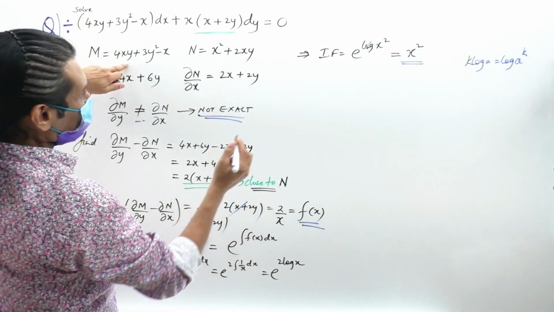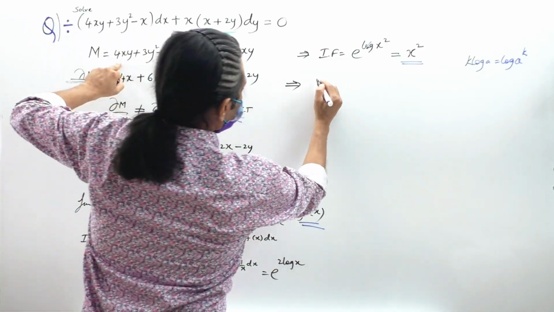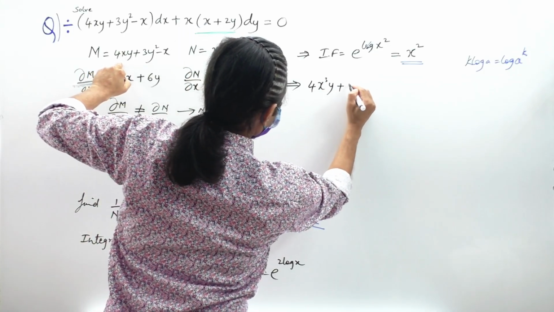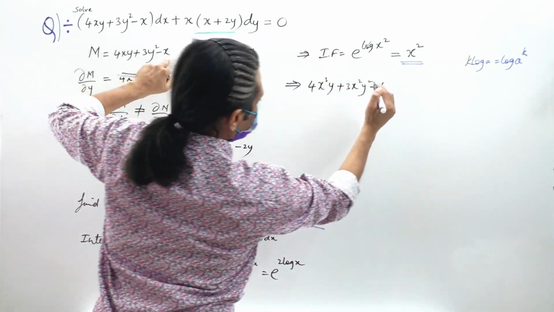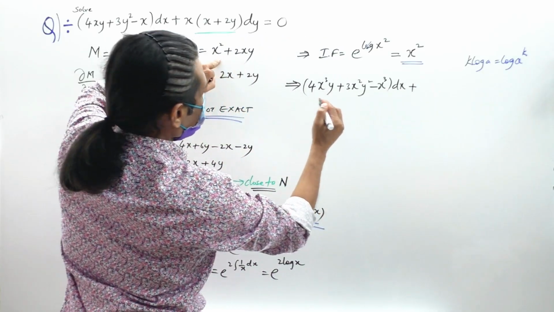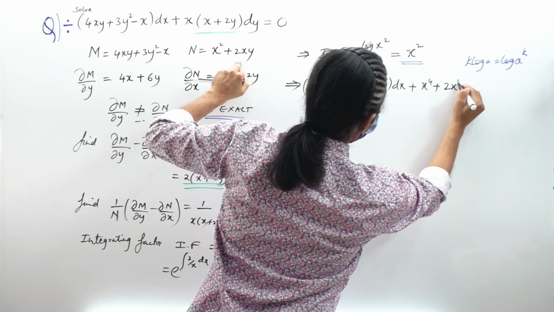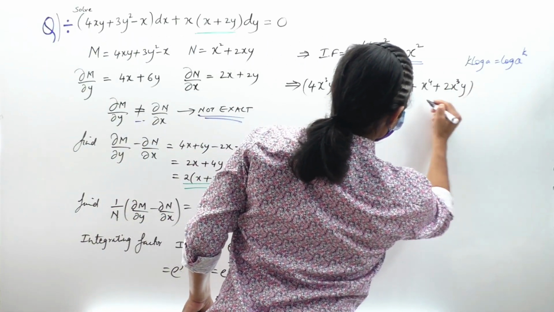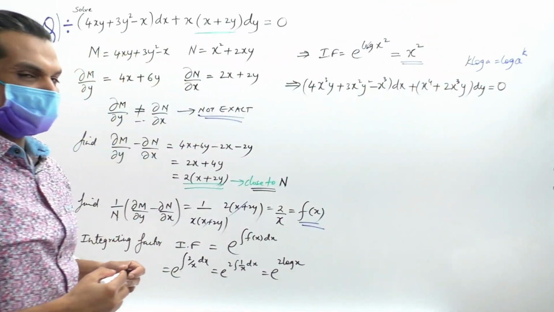So I'll multiply by the same thing. We get, I'll do it here only, it's convenient: 4 multiplied by x square gives 4x cube y plus 3x square y square minus x into x square is x cube, into dx, plus x square into x square is x to the 4 plus 2x cube y, x into x square is x cube y dy, equals 0.